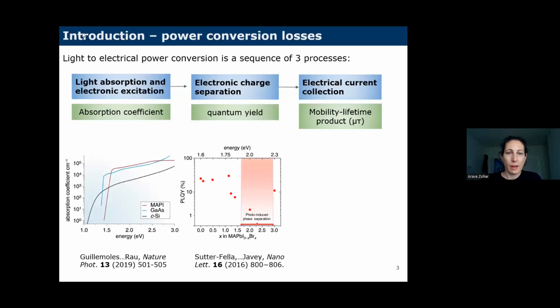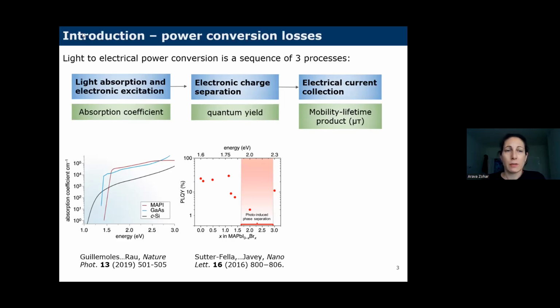So in order to answer those questions, to understand where we have the losses, I'm going to briefly go through the photovoltaic effect and break it into 3 steps and try to evaluate each of the steps, where is the likelihood to get power conversion losses, and try to approach the specific spots that can be problematic.